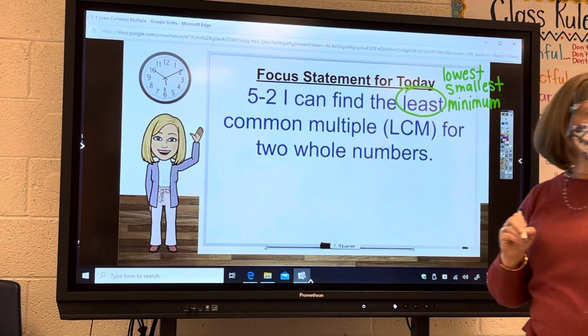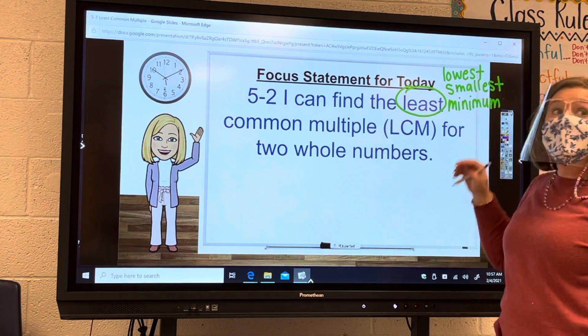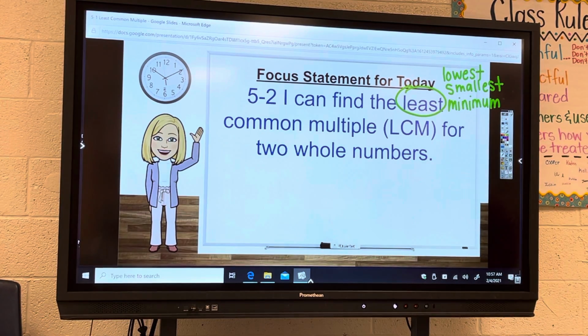What about minimum? Yes. All of those words mean least, okay? So you may want to circle that word and write those words up there to help you remember what least means. If we see these words, we might be looking for the least common multiple, okay?